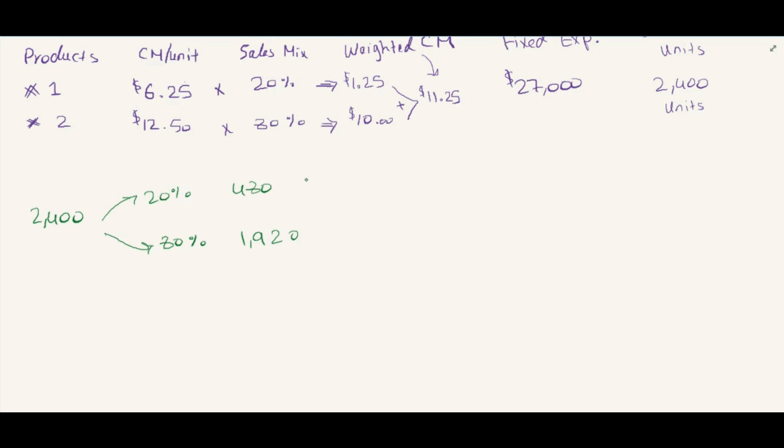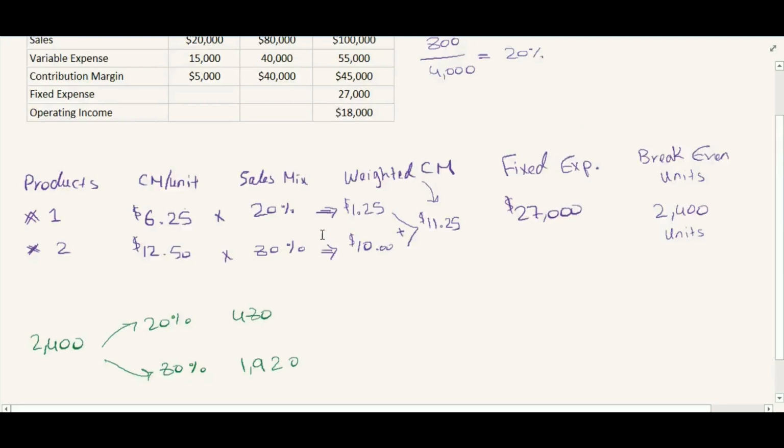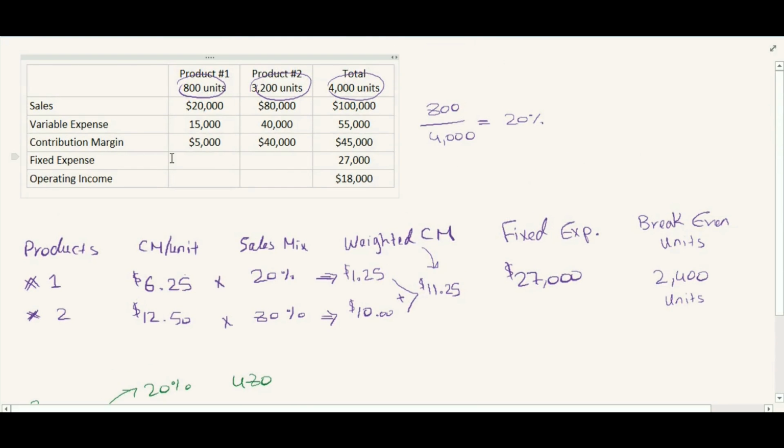Okay, what if you want to know the break-even in terms of selling dollars? What we need to do is take the selling price of each product and multiply it by the number of units that we need to sell.